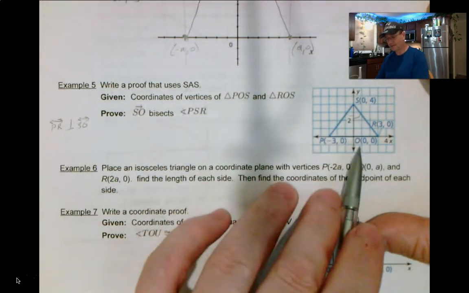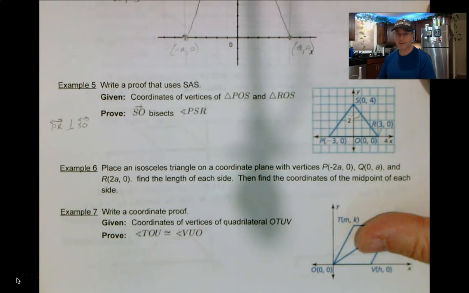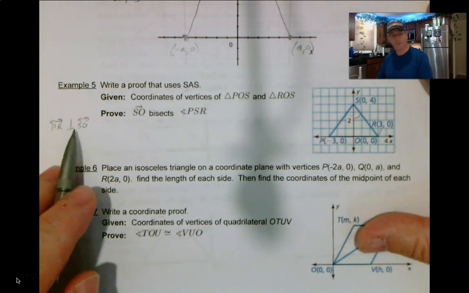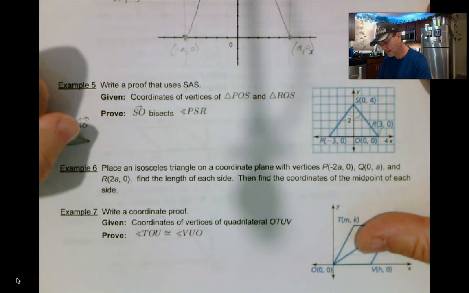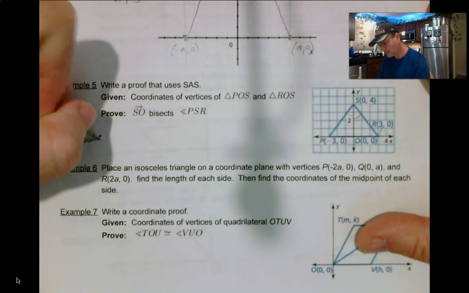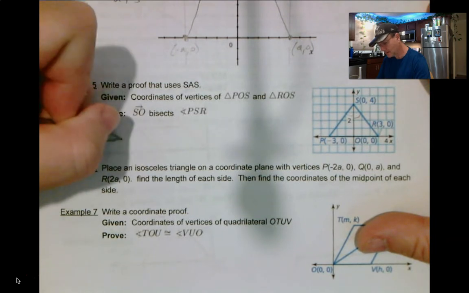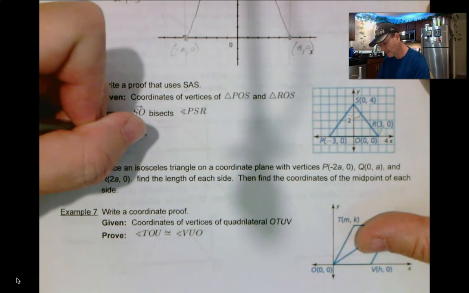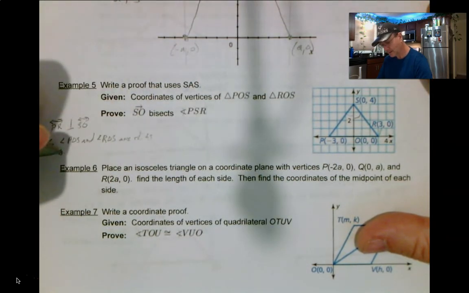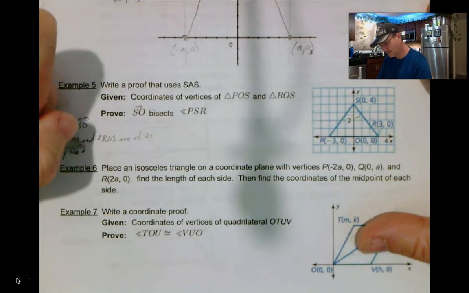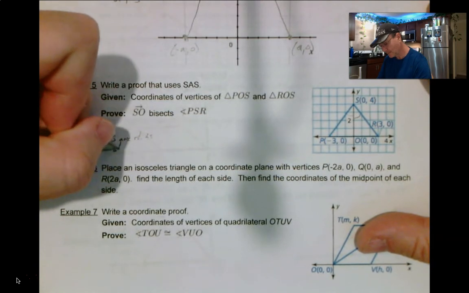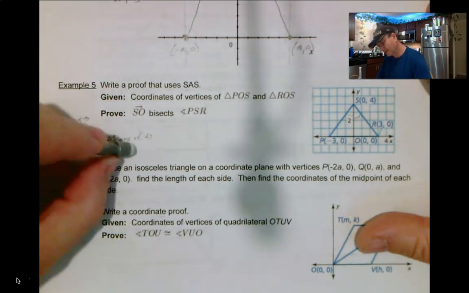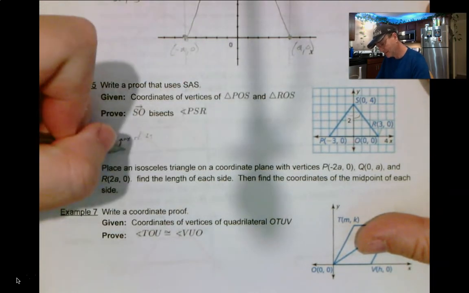This slope is undefined, this slope is 0. They are perpendicular. Okay, well, what does that mean? Therefore, angles POS and ROS are right angles by the definition of perpendicular.